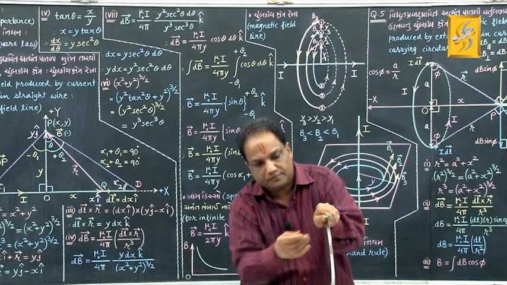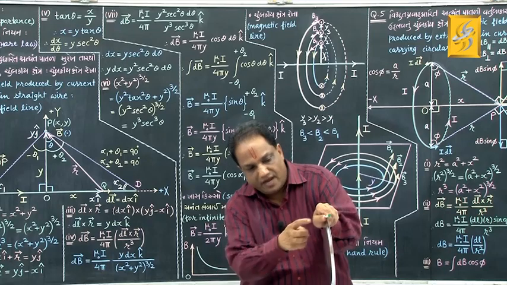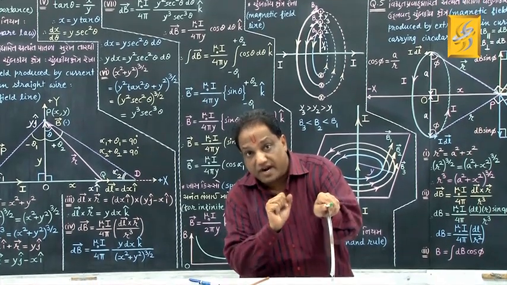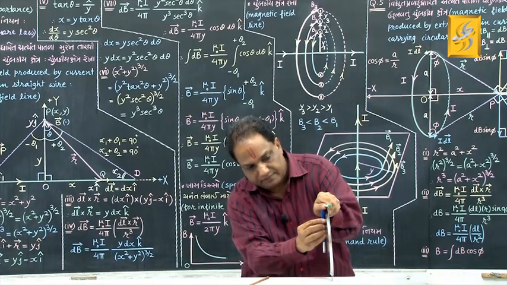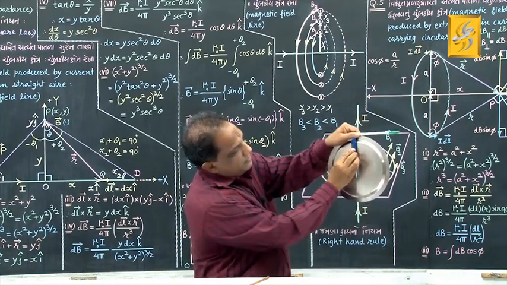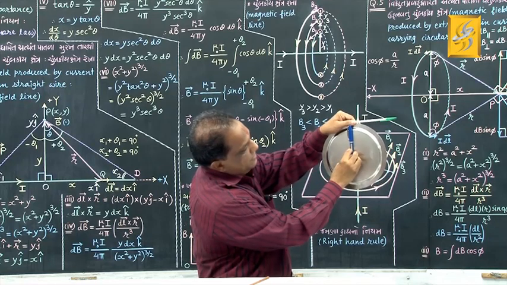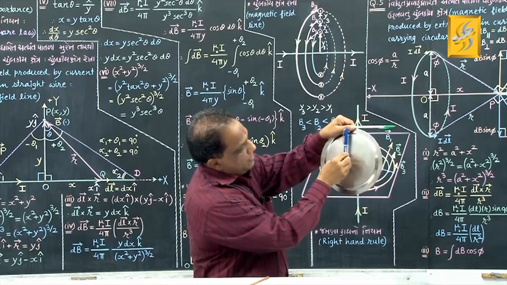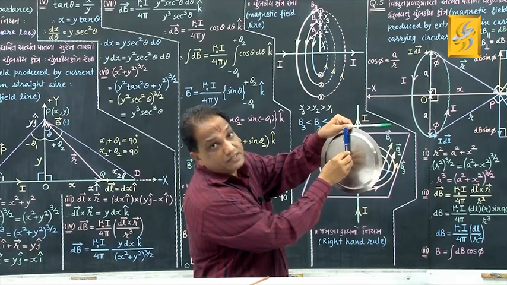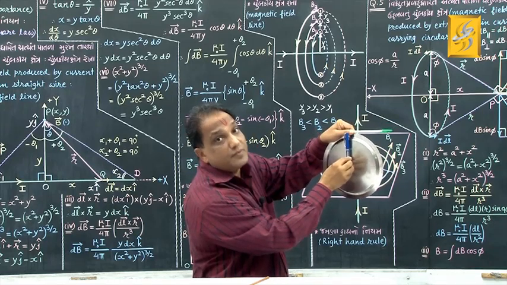Now tell me, at the same point, if I think of the radius of this circle, it is this radius, correct? This is radius and this is tangent. Now for a circle, what is perpendicular to radius? It must be tangent.